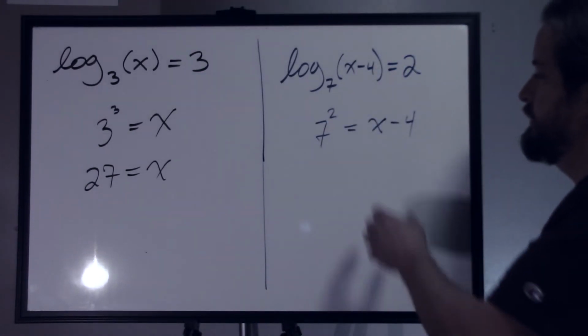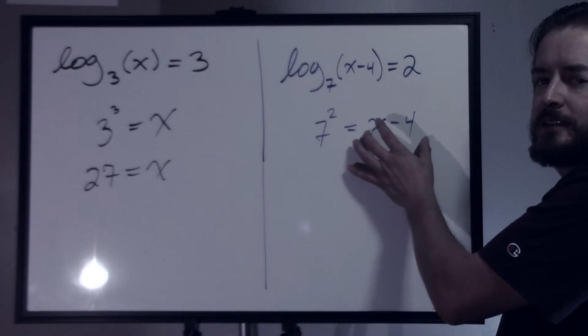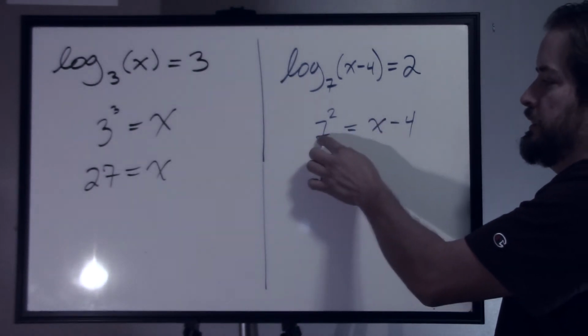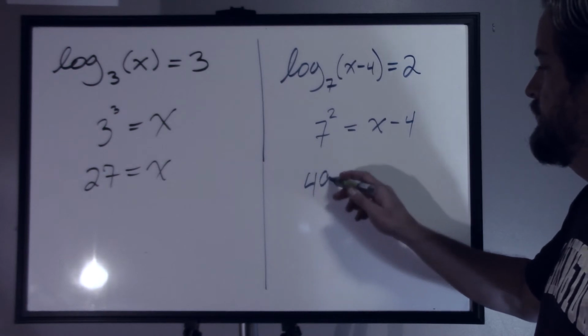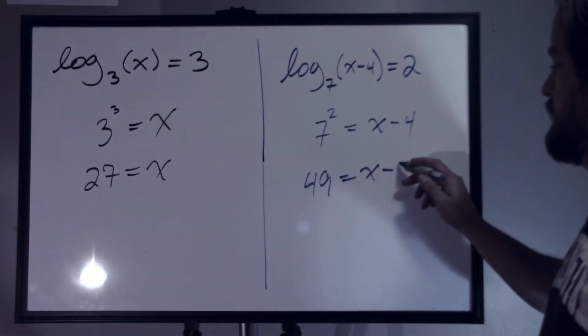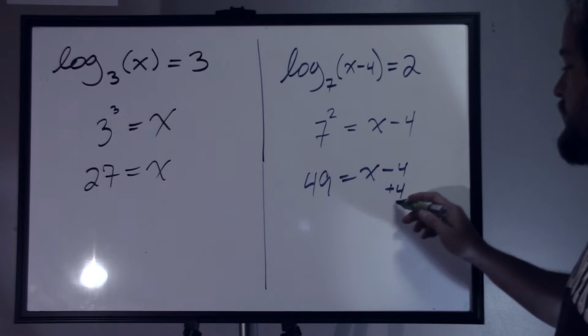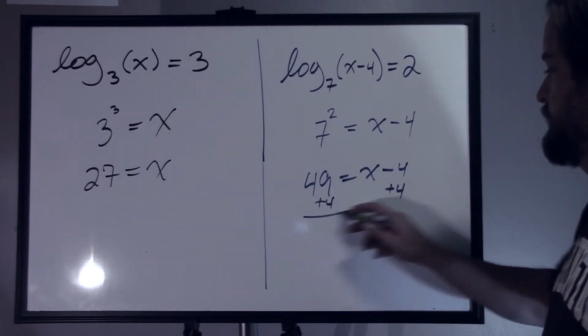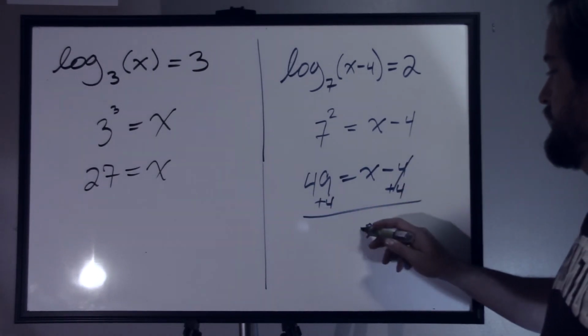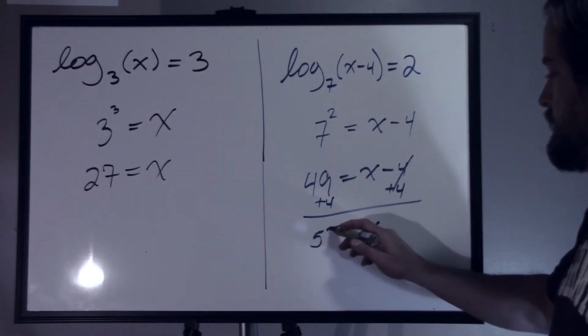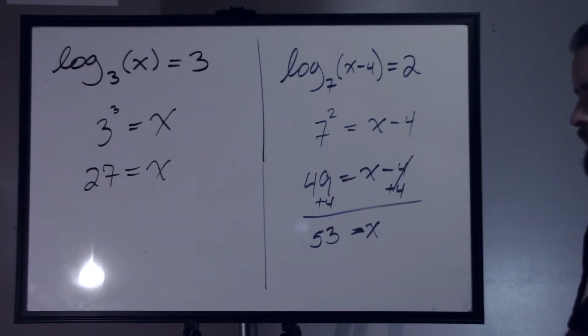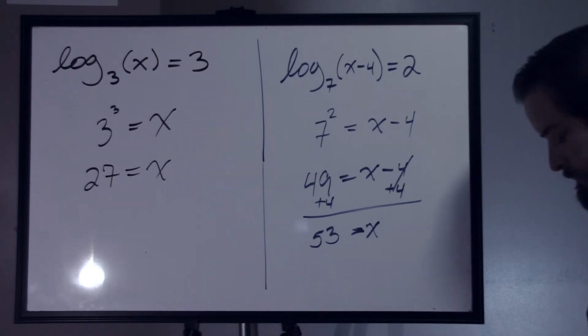And again, I can't write this right-hand side as 7 to some power, so I'll just evaluate the exponent here. 7 squared is 49. And if I add 4 to both sides, I'm done. So x equals 49 plus 4, and we have x equals 53.